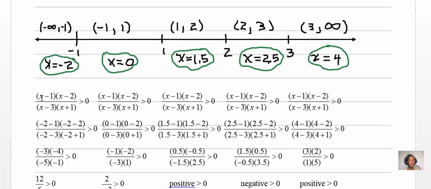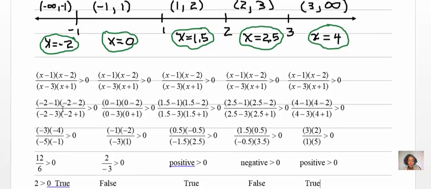So the true and false results are always going to alternate. Notice x minus 1 is raised to the first power, x minus 2 is raised to the first power, so is x minus 3, and so is x plus 1. So the power on all of these factors is odd.